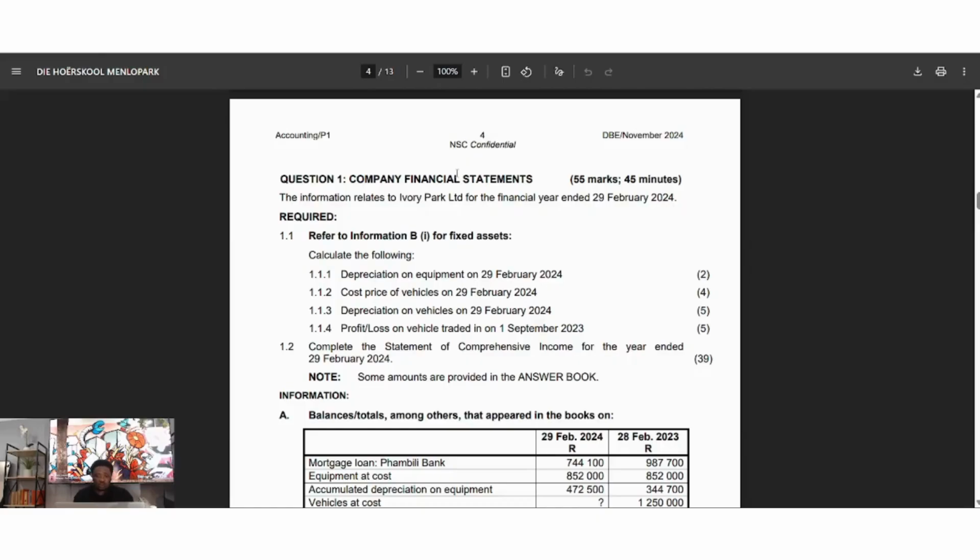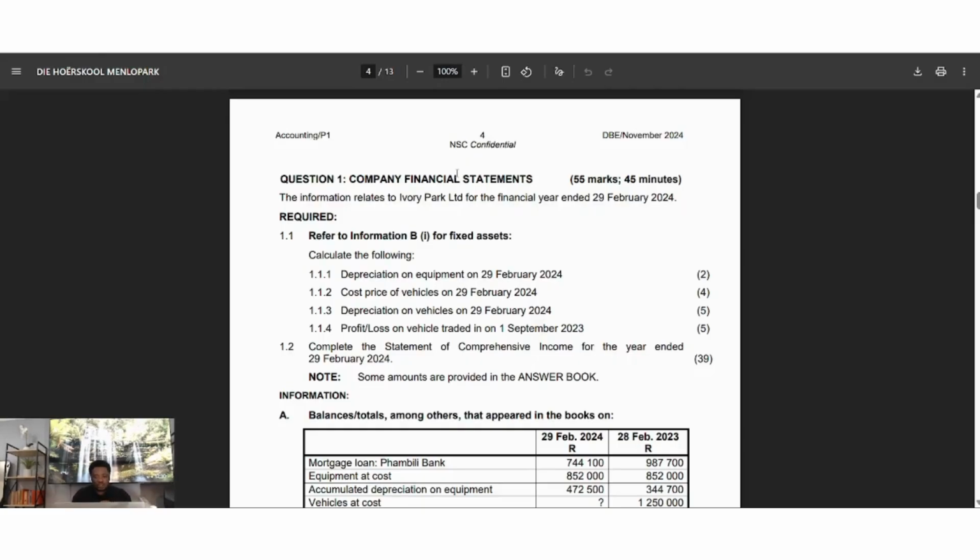We need to refer to the information B, that is for fixed assets, and then we need to calculate depreciation on equipment, cost price of vehicles, depreciation of vehicles, profit and loss on vehicles, and after that we'll complete the statement of comprehensive income for the year ended 29 February 2024.